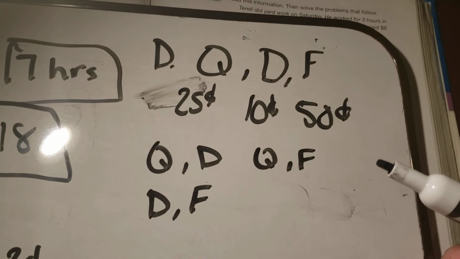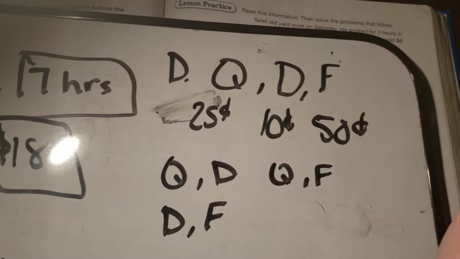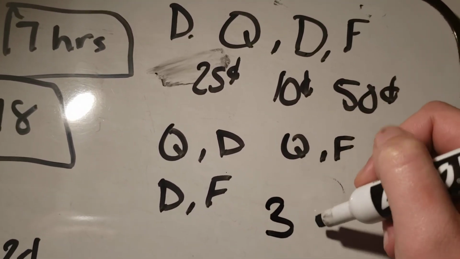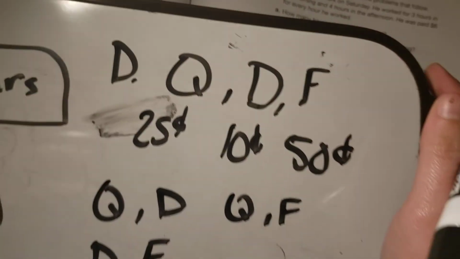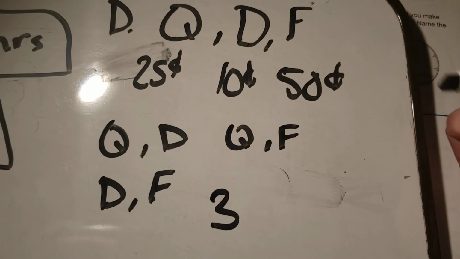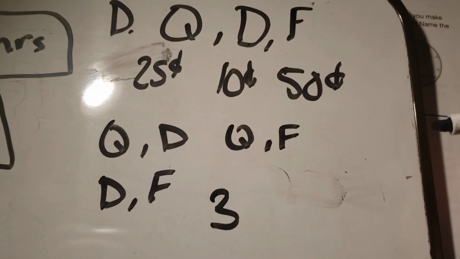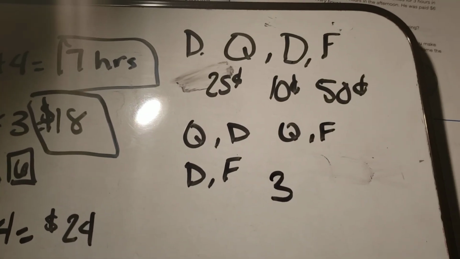So I believe it is 3. Does that make sense? Yep, because only 2 of them. So 3 options there. Name the amounts. If it asks you to name the amount on a problem, I'll probably tell you to write it money-wise. So that's how that one is. And we'll go on to our examples.